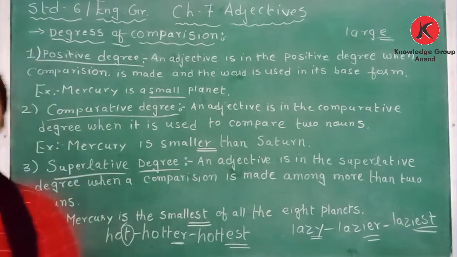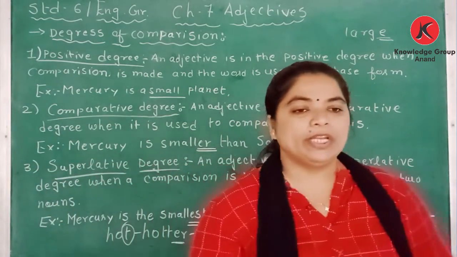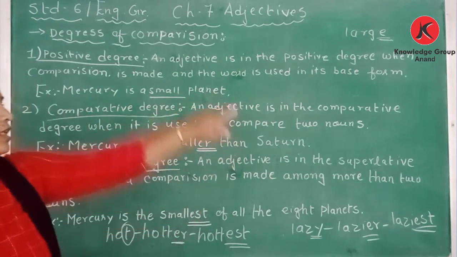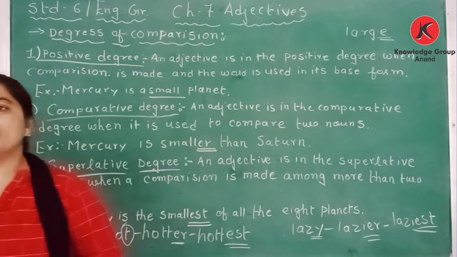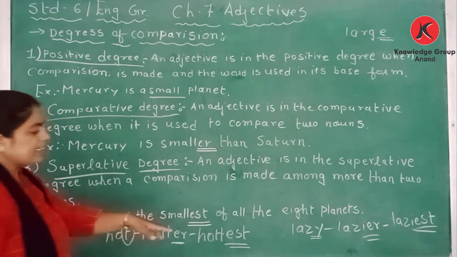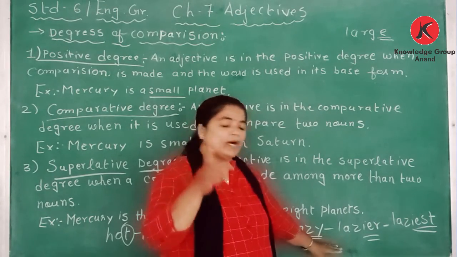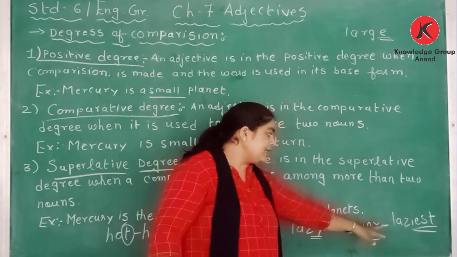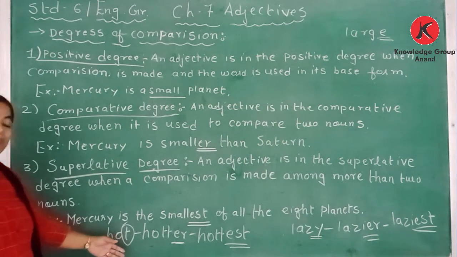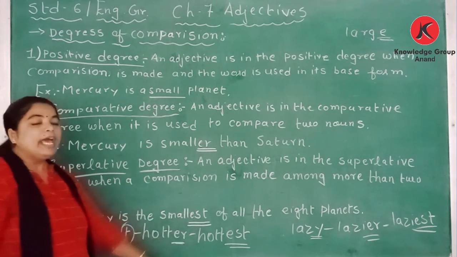So dear students, these are the degrees of comparison: positive, comparative and superlative. In rule number 1, we learned that for words which end with E, we do not add E in the comparative degree, we take only R, and ST in the superlative. For words ending with Y, we drop the Y, then we add I and take ER and EST. For words ending with some consonants, the example we have taken is the word hot, that becomes hotter and hottest.